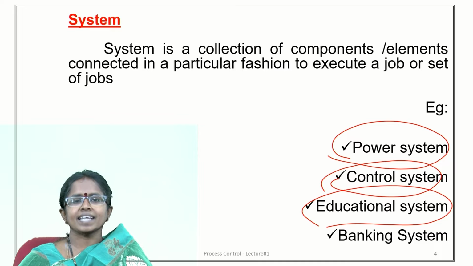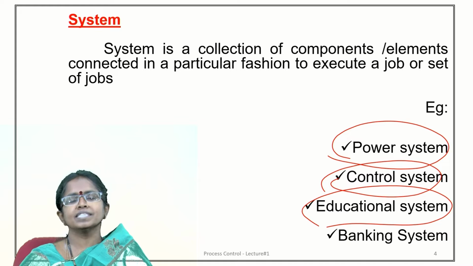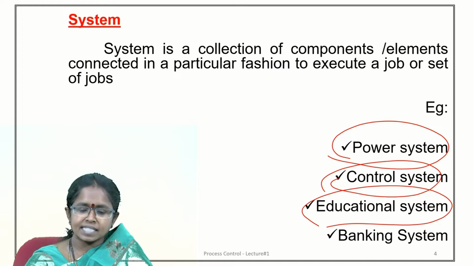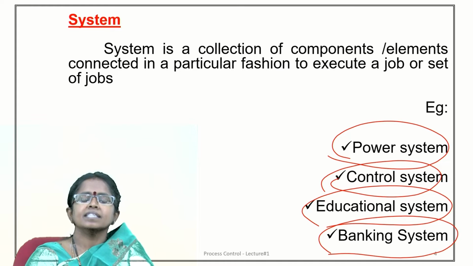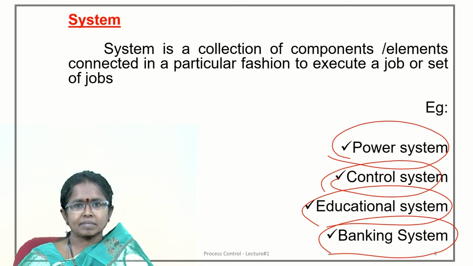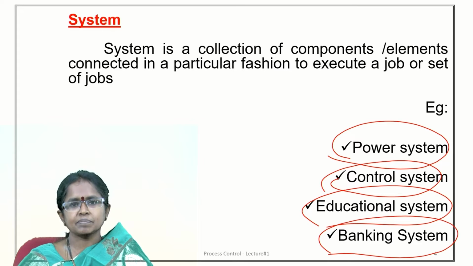The lecturer is delivering the lecture, the students are gaining knowledge, writing exams, getting promoted, and getting degrees. So this can be called a system. And similarly, the banking system: the bank staff, the customers, the money, everything is designed in a manner and is performing a specific function. So these things can be called a system.